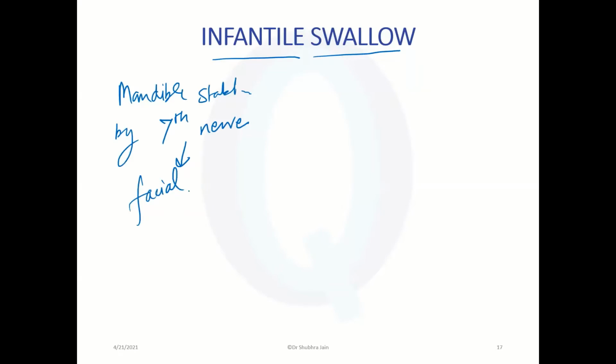So facial muscles help in the stabilization of the mandible. In adults, what happens? In adults, the mandible is stabilized by the trigeminal nerve, by the elevators.